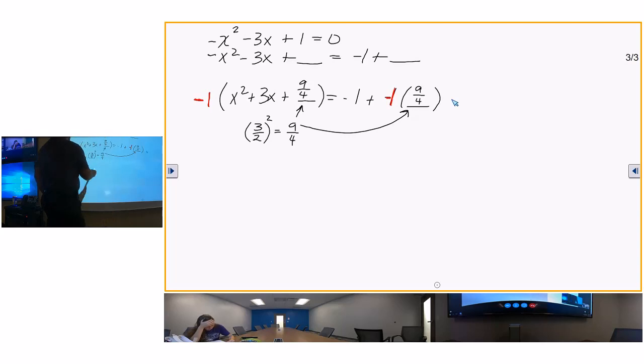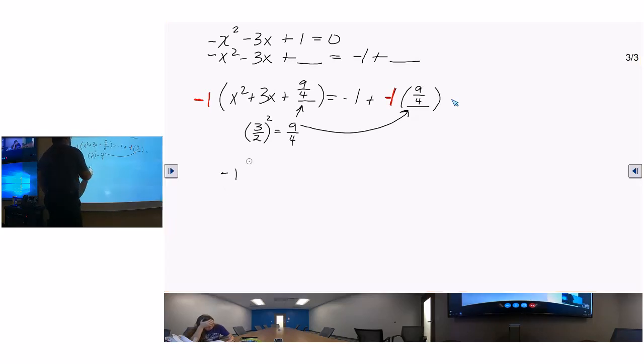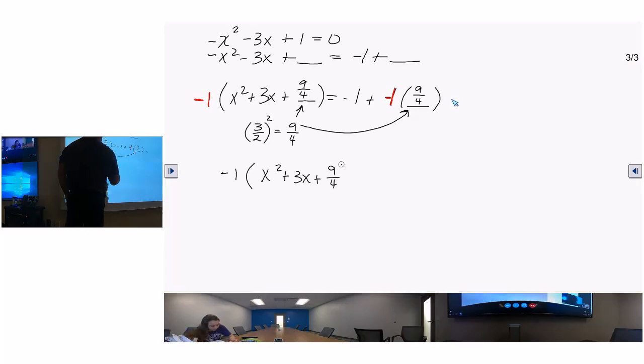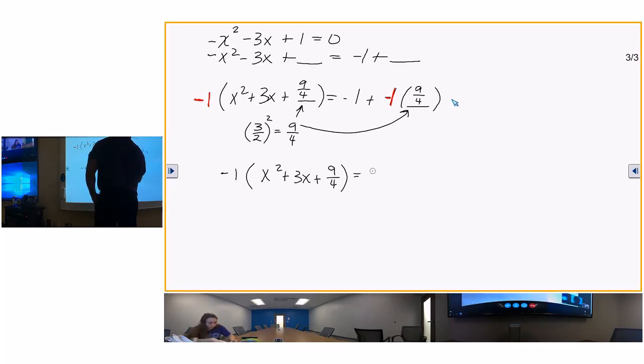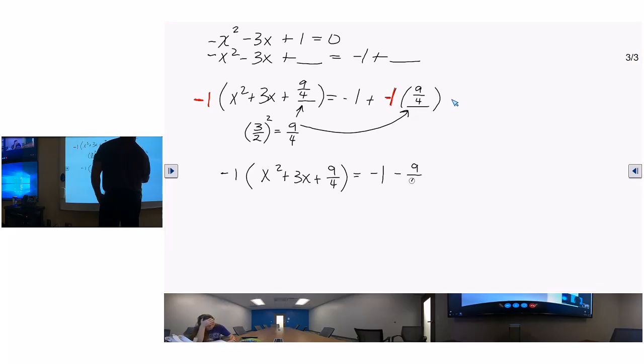And that's going to give you negative 1 times x squared plus 3x plus 9/4 is equal to, and I'm going to do it step by step for you, negative 1 minus 9/what?